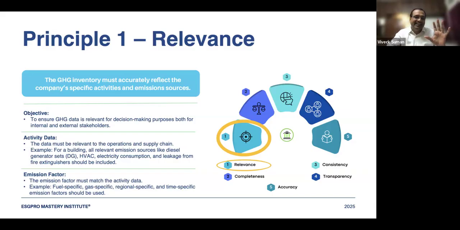Those needs have to be reflected in the GHG inventory. That look, she is coming by train because her house is well connected by metro. Yeah. And metro emits less carbon dioxide. And that's why she's addressing that need as well. Because why we have to be relevant, also understand, then only your company can decide mitigation action properly.